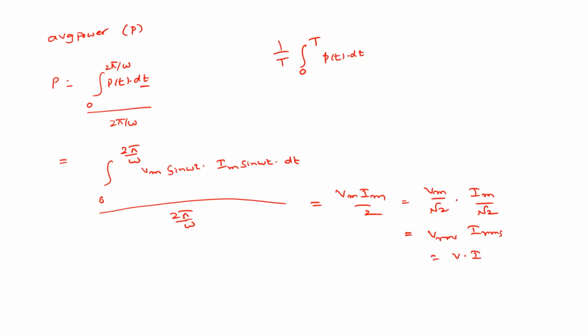So what is the meaning of average power? The average of instantaneous power is V into I. This is in the case of resistor circuits, or in other words, V RMS into I RMS. This is just like DC circuits.